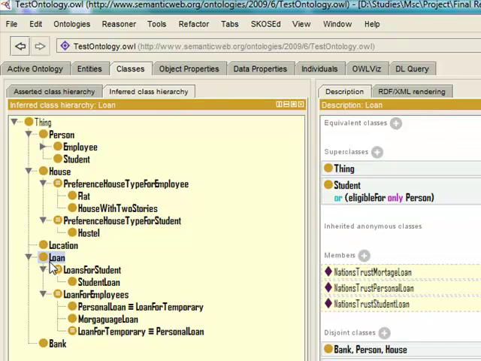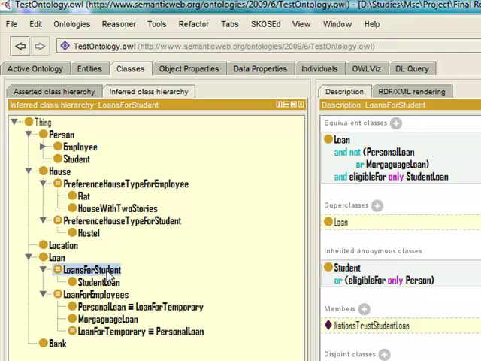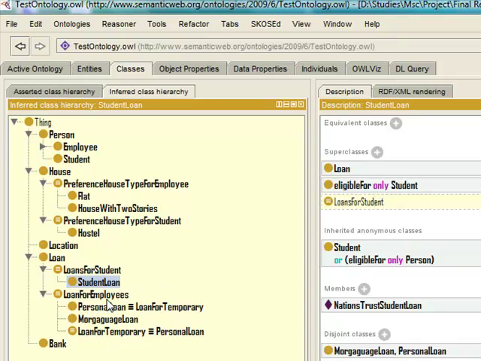Loan options for students are identified as student loan, and loans for employees are identified as personal loan, and loan for temporary migration is also available.